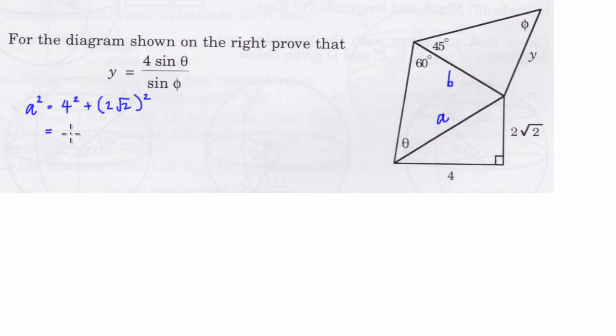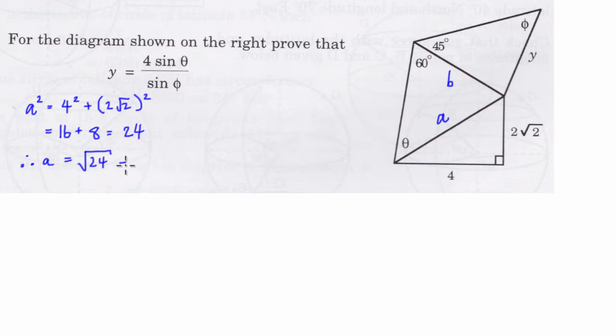That's going to be equal to 4 squared is 16. Now, 2 root 2 squared is 2 squared, which is 4, times square root 2 squared, which is 2. So, 16 plus 8, which is equal to 24. So we can then say that therefore A is going to be equal to the square root of 24.